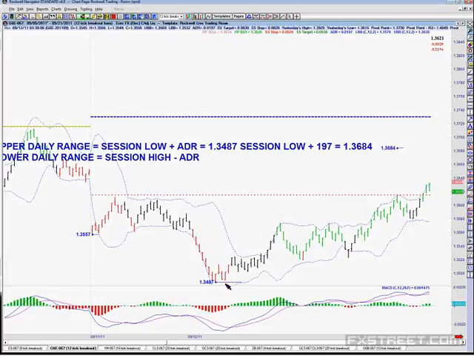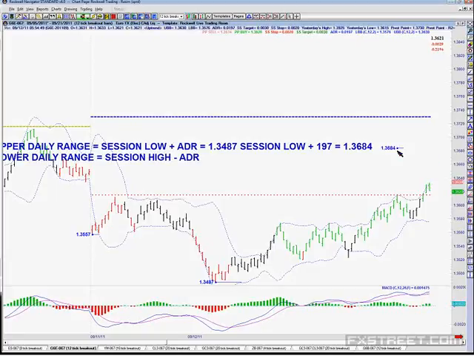So based on this session low, as the market's moving, knowing that in general the average daily range is 197 pips, that's what the market usually stays confined within during a normal trading day. Now, if we're using just a basic MACD system for entries, there might have been a few good entries, maybe a few losses, kind of back and forth.